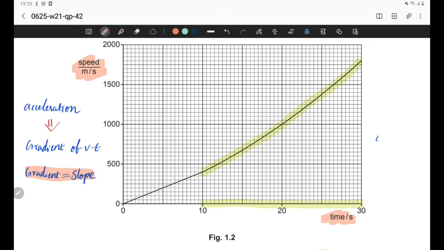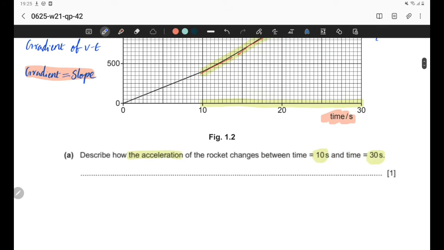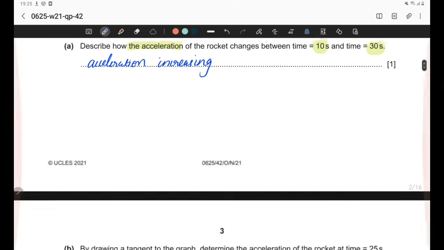We can draw tangents at different points of the graph, and we can see these tangents or slopes are increasing. The graph is becoming steeper. From this we can understand the gradient is increasing. That means the acceleration is increasing. Since it is a 1 mark question, we just need to write down acceleration is increasing.